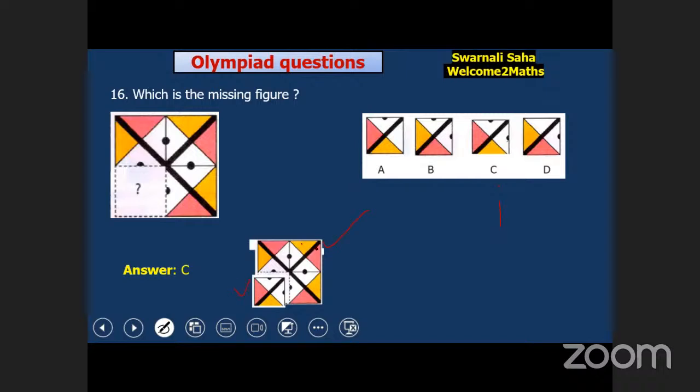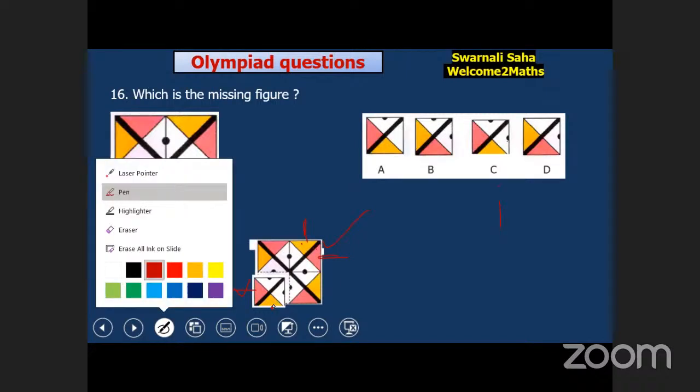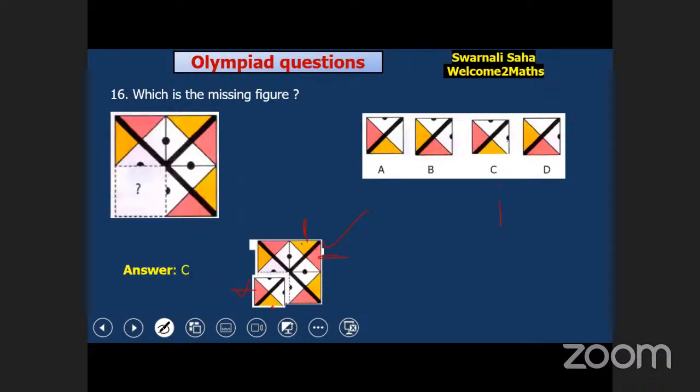Here is yellow and here is pink, and here is pink and here is yellow or orange. Fine. So C is the answer.